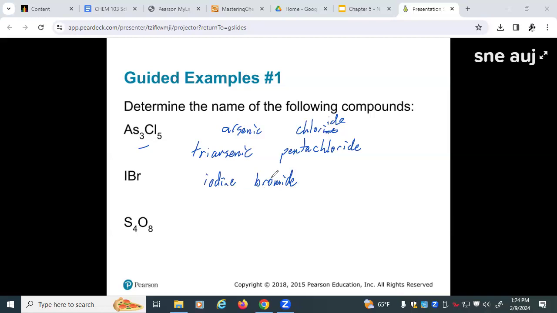Since it's the first element, though, we don't need to say it. So iodine stays as iodine since there's only one of them. We also have 1 bromine, so mono goes in front. Iodine monobromide is the correct name.